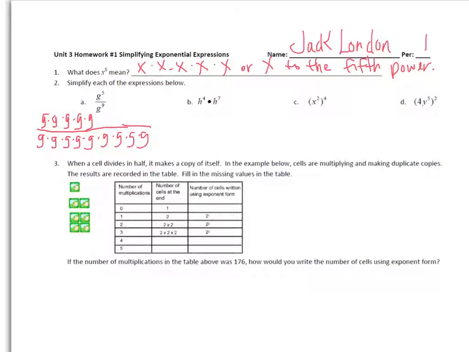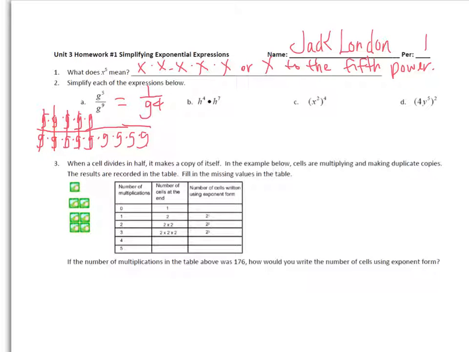The reason I write them out is so you can see that g cancels out here, and here, and here, and here, and here. What we have left is 1, 2, 3, 4 g's. So it's 1, since there's no g's left on top, over g to the fourth power.